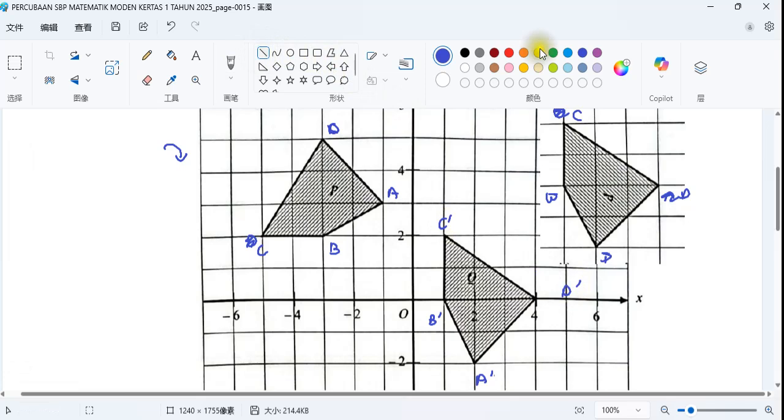Okay, so C and C prime, their perpendicular bisector will be here. And then next, we want to find B and B prime, their perpendicular bisector. For B and B prime it will be this.